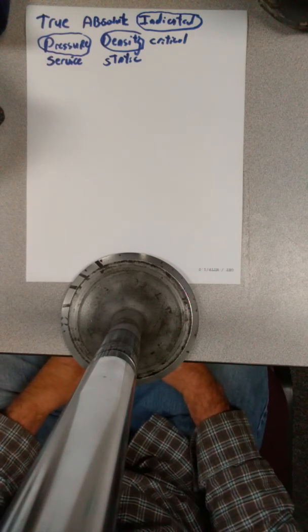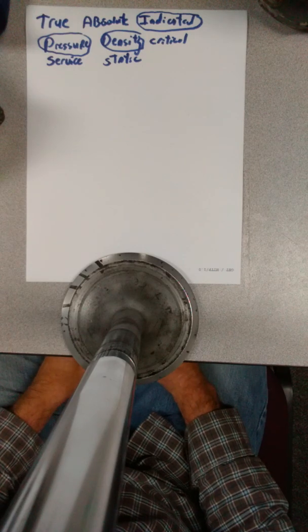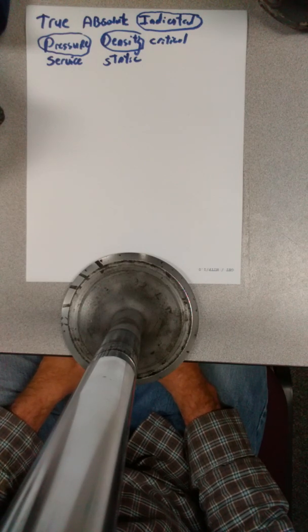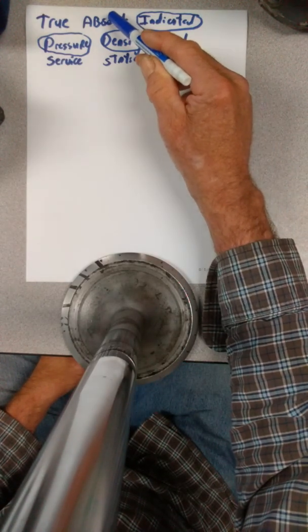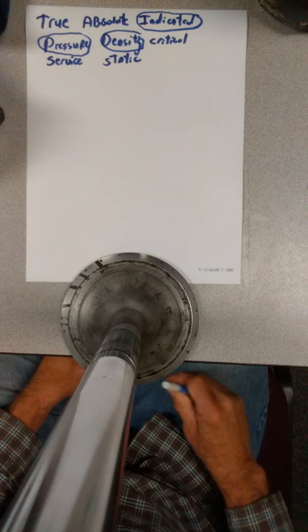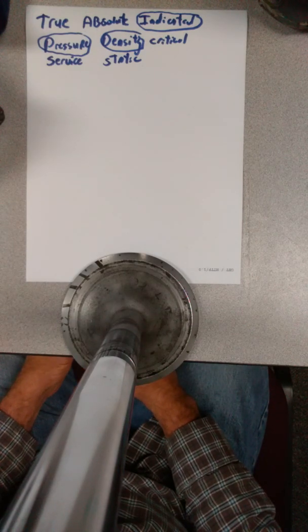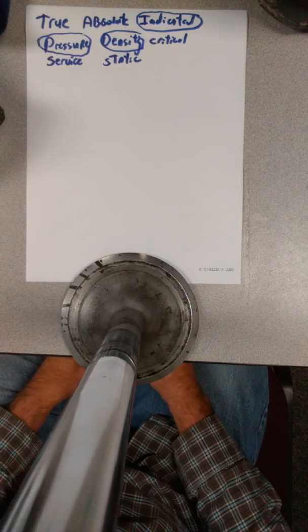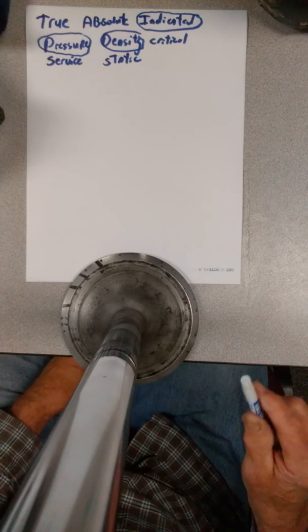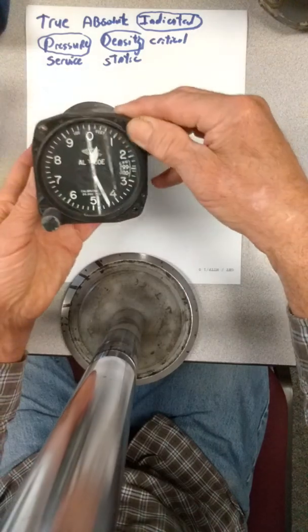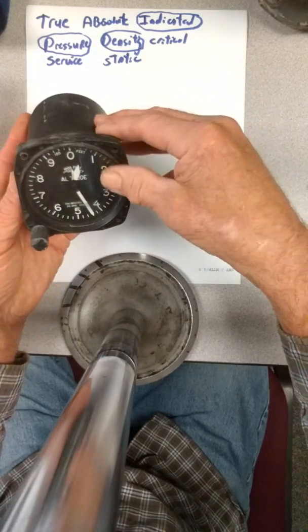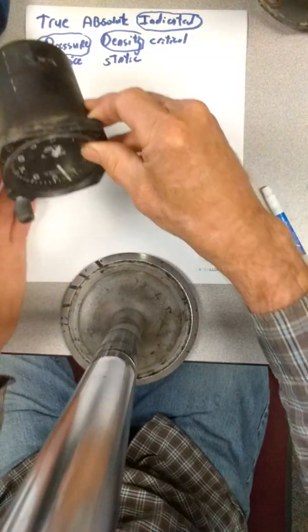Just for a little bit of review, absolute altitude is the actual height above the ground measured by a radar altimeter. Now the one we work with a lot, of course, is indicated altitude, and that is where you've got your altimeter. We'll talk about what we're going to do with that in just a second.